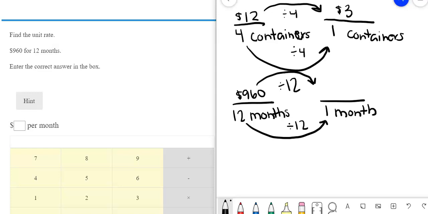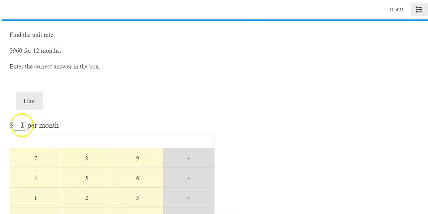Divide by 12 on the bottom, we divide by 12 on the top. Now, if I take this 0 out for a second, 12 times 8 is 96. So I have 8, and then this 0 right here, I'm just going to add it to the end. So 960 divided by 12 is $80. So $80 per month.